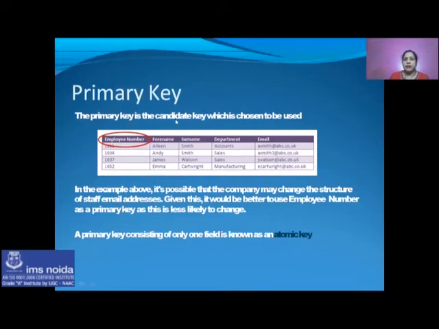In the above example, it is possible that the company may change the structure of the staff email addresses. So it would be better to use the employee number as the primary key.